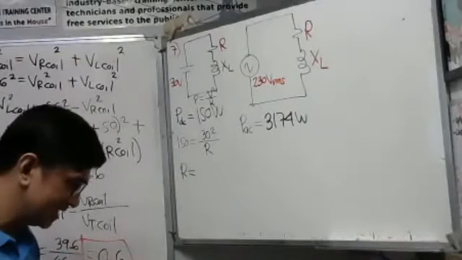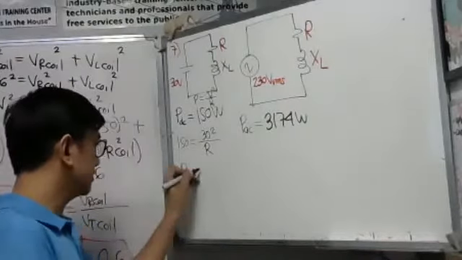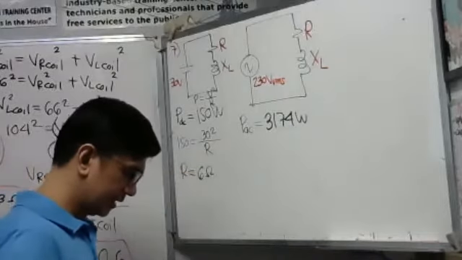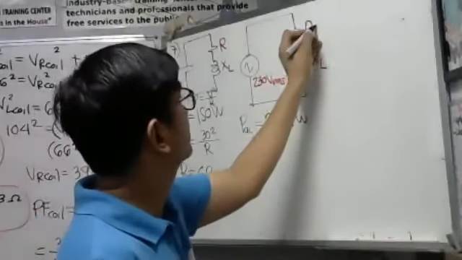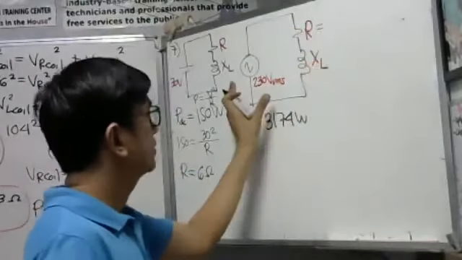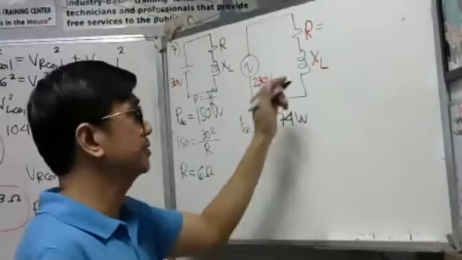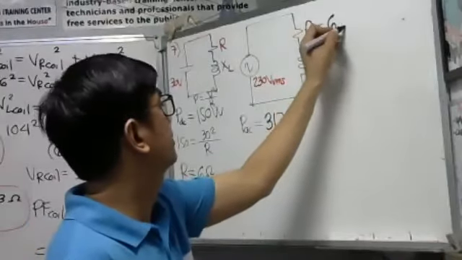So the answer would be 6 ohms. And remember that 6 ohms is also the resistance here when you connect it in the AC supply. So we have 6 ohms.